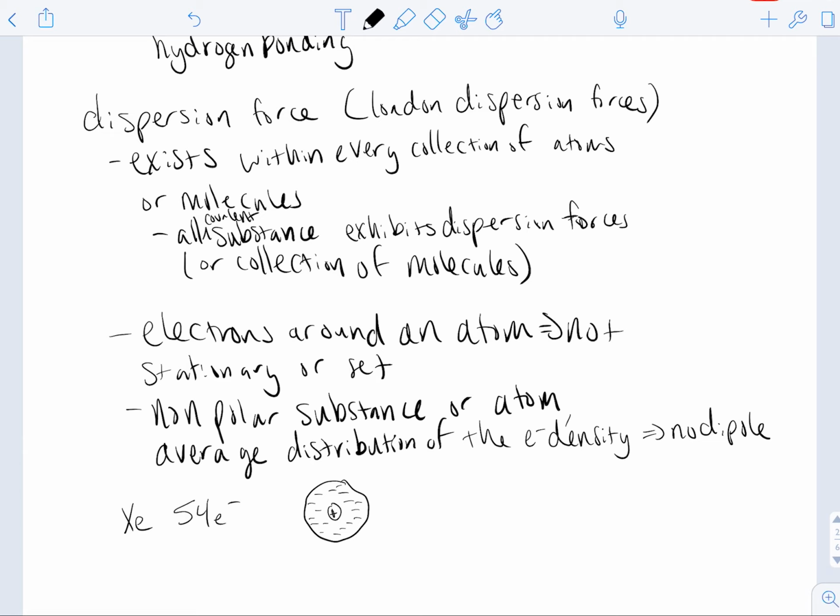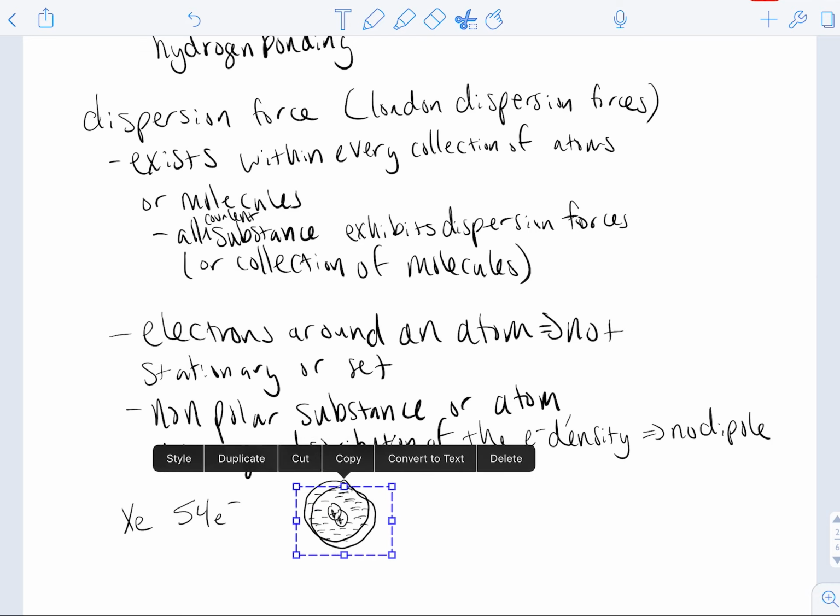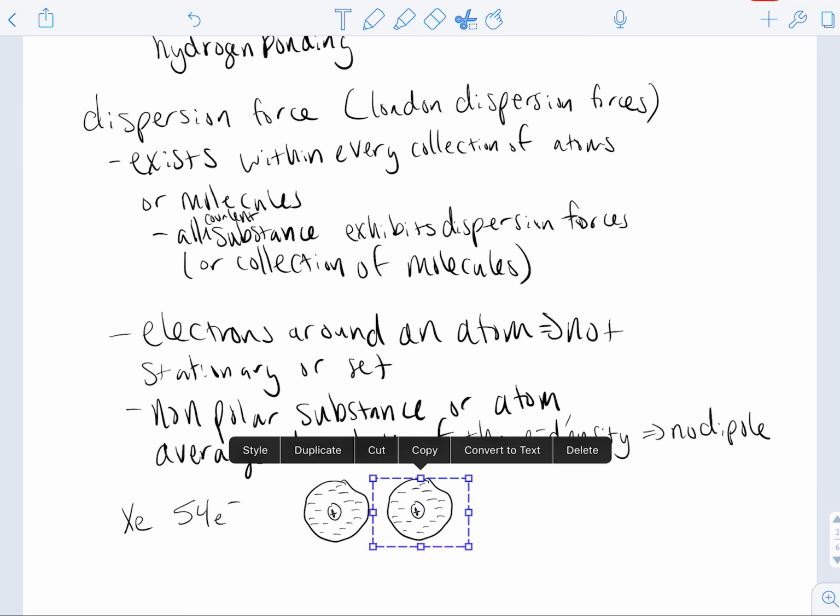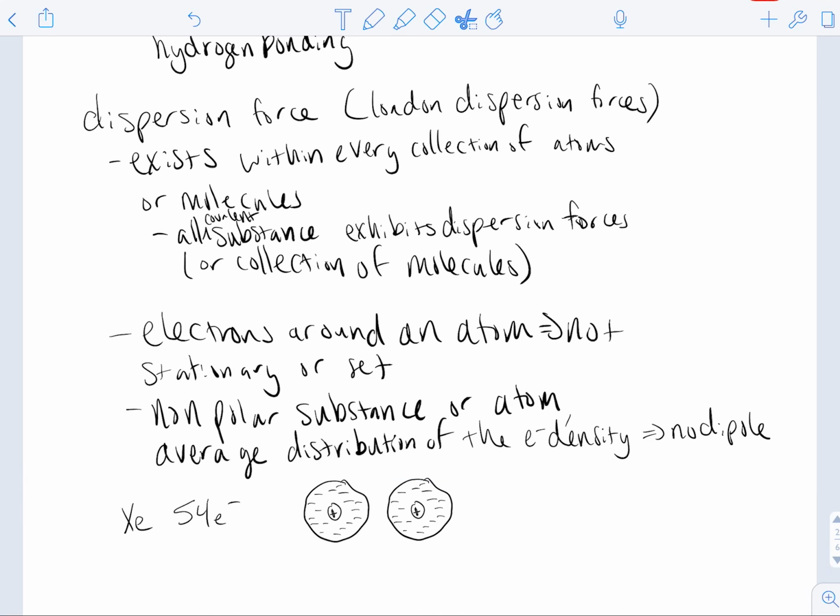Okay? Now, let's say we come in contact with another xenon. So I'm just going to take duplicate. Voila. So now I have two xenon molecules, or xenon atoms. And when they come in contact, the electrons are going to repel one another. So we're going to get some repulsion of the electron clouds.